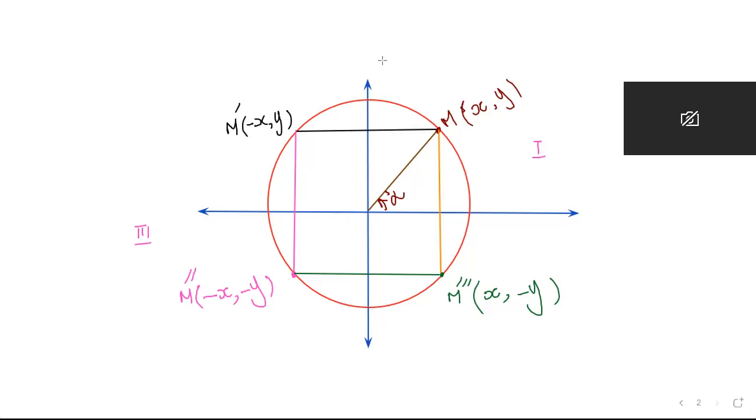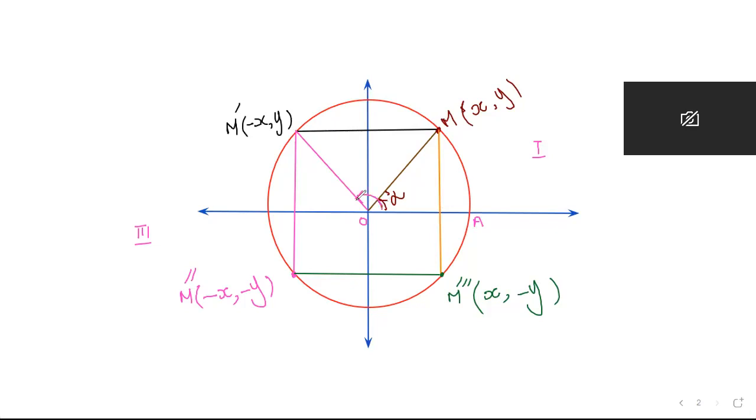Now, let's connect them with the concept of the angles that we have learned. Any questions so far? No. Now, look at this. The point M prime makes an angle with the Cartesian plane if the fixed arm of the angle is OA, and M prime O is essentially a moving arm.